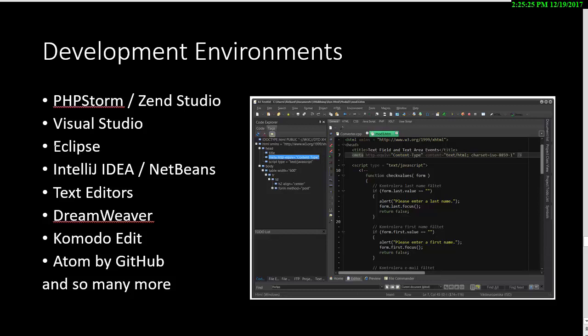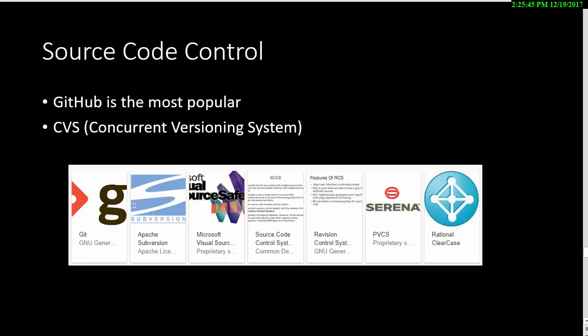IntelliJ, again for Java. Standard text editors such as Notepad++ or text editor on Linux or Mac. So there are many different editors. Again, it's up to you to explore and experiment to see what works for you. Now, in terms of managing your source code, a popular version control system is GitHub, but you have many others around, and again, that depends on the environment you're working on.